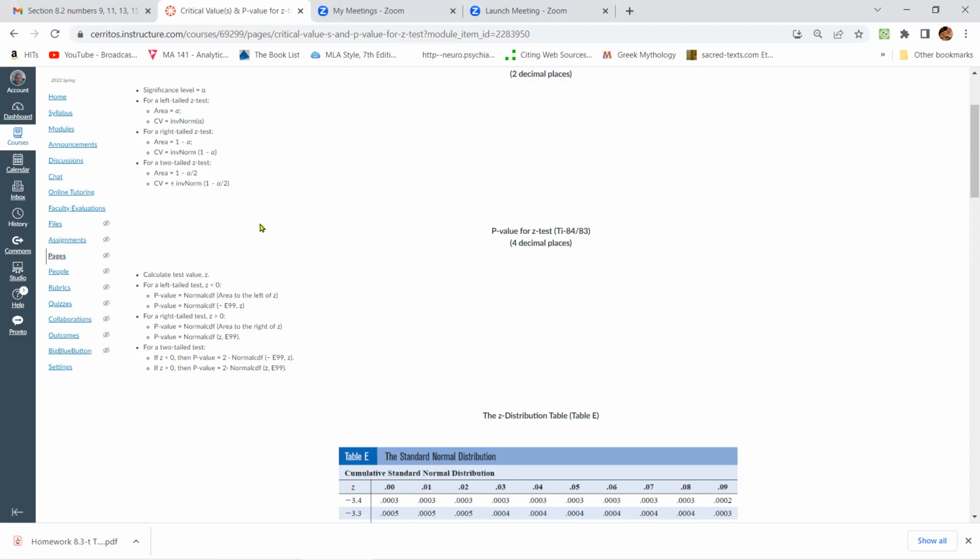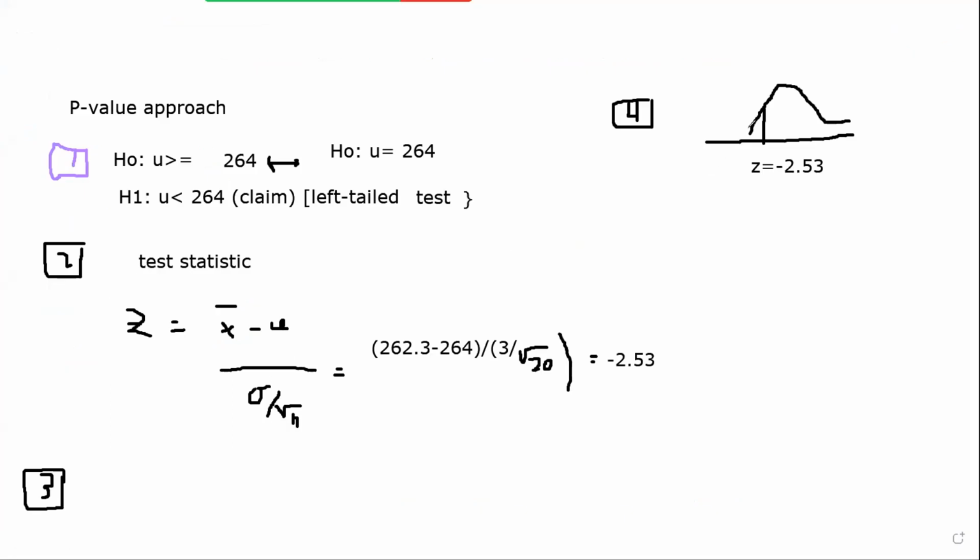So our p-value here, and this is why I wanted to show you this, is going to be the area under the curve from here out to the left tail.